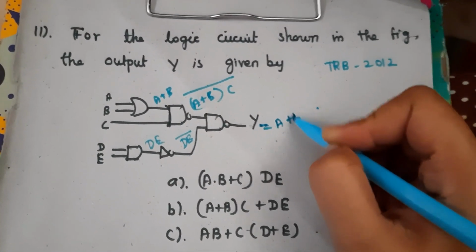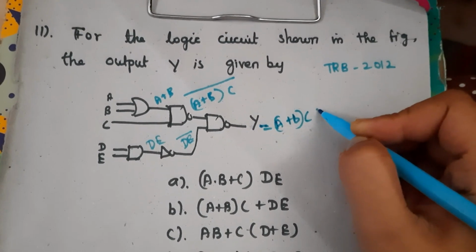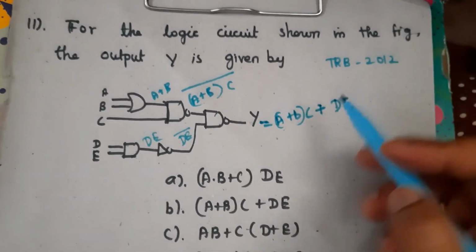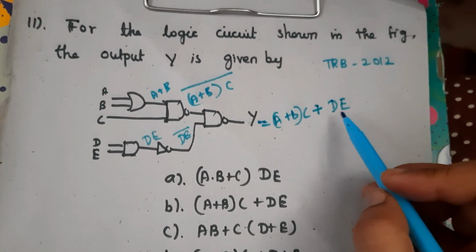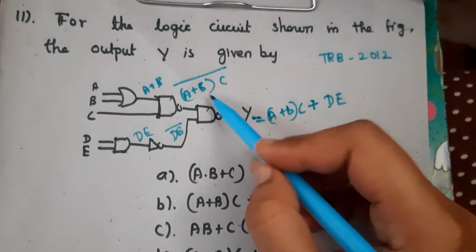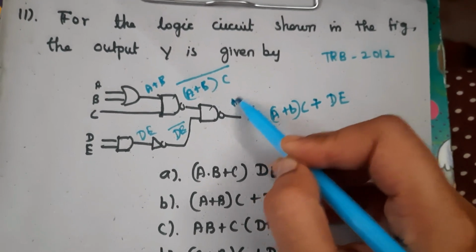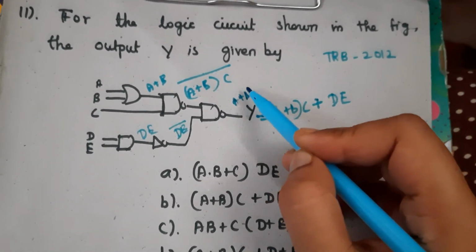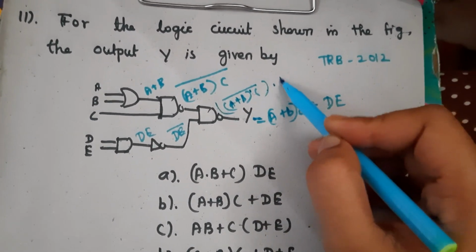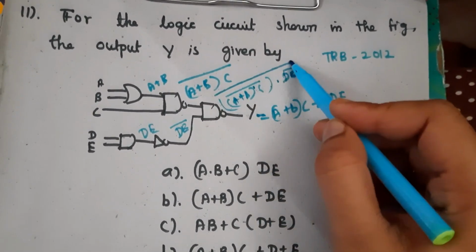A plus B into C plus DE. So this is the logic expression, because we get the same expression like this, A plus B into C the whole bar into DE bar the whole bar.